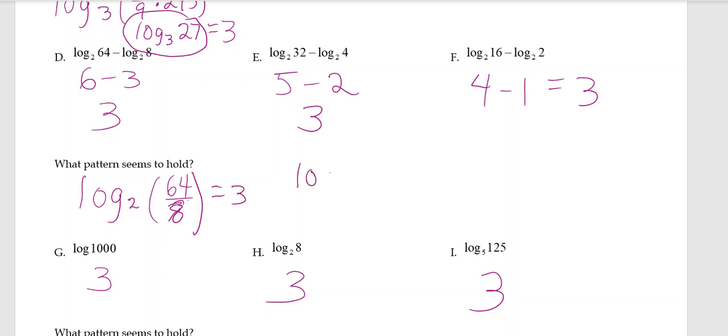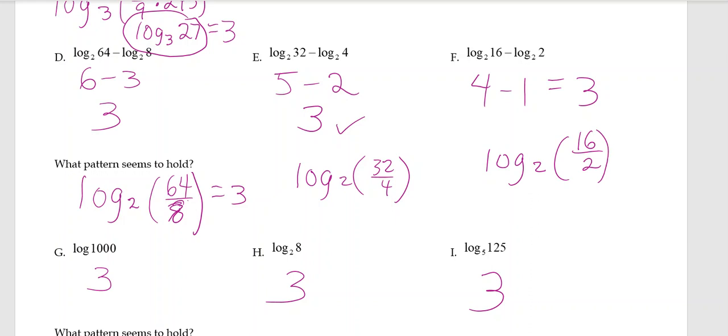If I divide 32 by 4, I get the log base 2 of 8, which is 3. And the same thing holds true here. The log base 2 of 16 divided by 2 is equal to the log base 2 of 16 minus the log base 2 of 2.